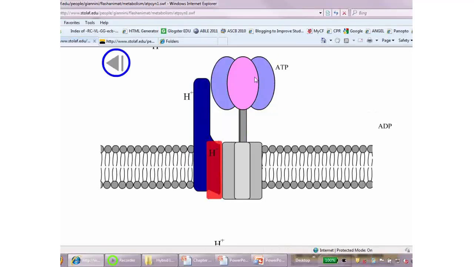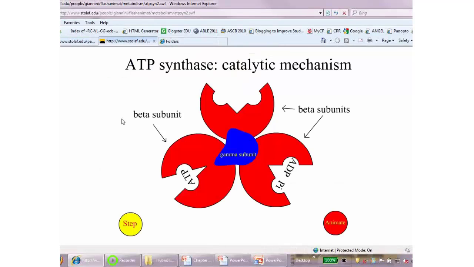Now, at first it doesn't look like there's much happening up here in the top of this enzyme, but this next animation is going to take essentially a cross section right through here so that we can get a better look at what's happening inside. What we see on here, this would be the rod that we saw turning before. This is the part, the red part, that looked to not have anything much happening in it before.